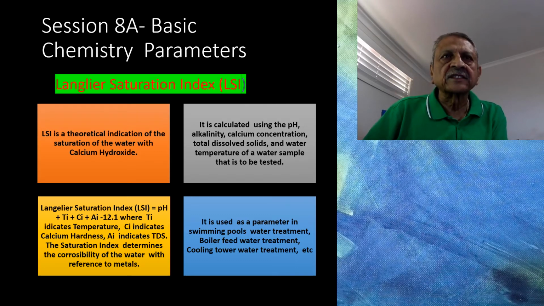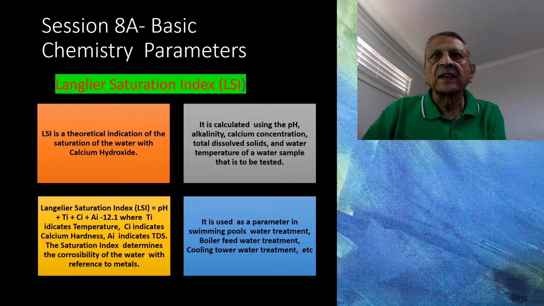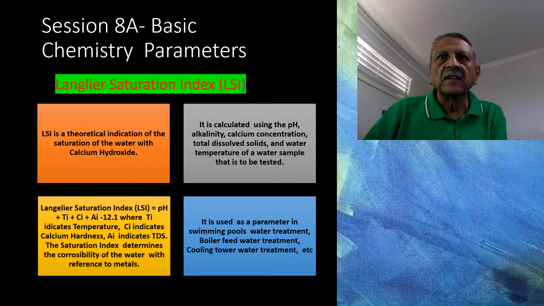So the amount of calcium hydroxide in the water determines how hard the water is. Now, LSI is calculated using the factors of pH, alkalinity, calcium concentration, total dissolved solids, and the temperature of the water that is to be tested.